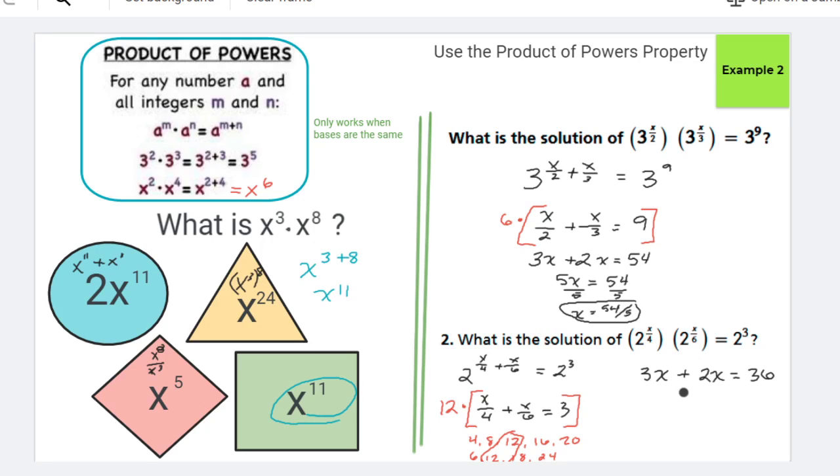So 3x and 2x makes 5x. And then we divide out that 5 because it's multiplication. So I get that x is equal to 36/5. Which again, you can actually do that division and get 7 point something, but it doesn't really matter.